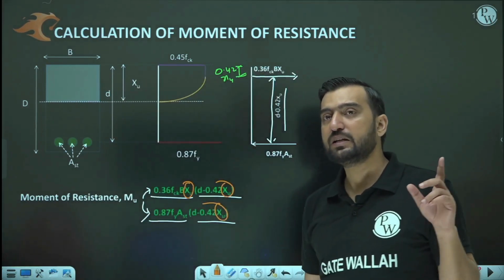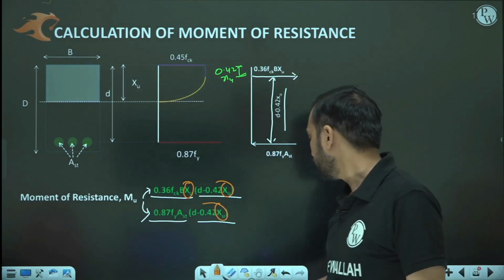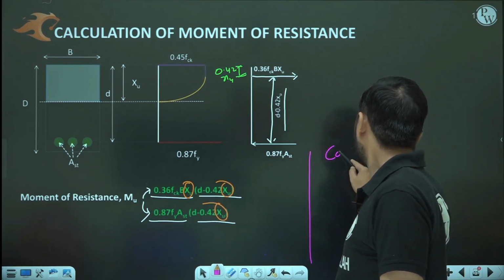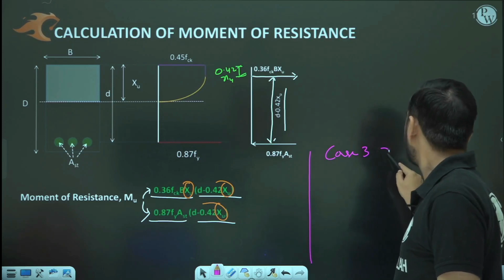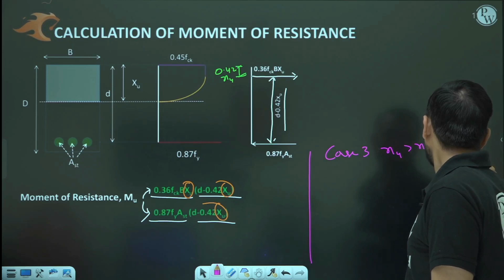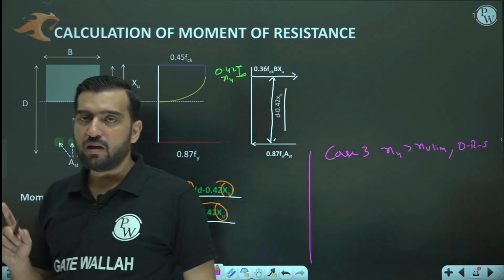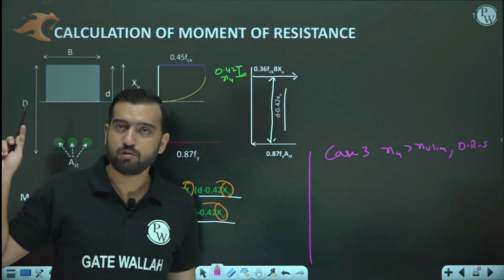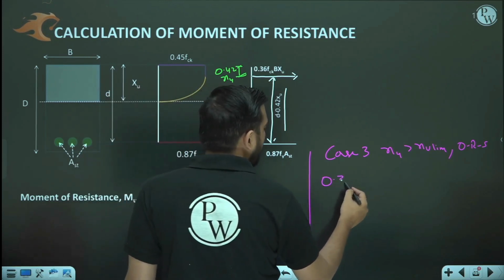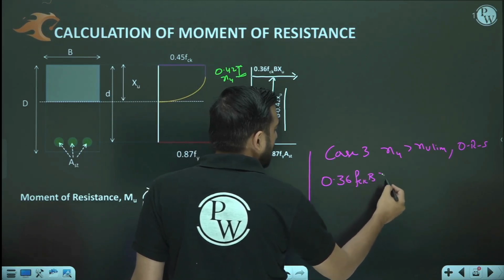But my dear friends, in case number 3, what was case number 3? Case 3, when XU is greater than XU limit, it is an over reinforced section. So while calculating moment of resistance, as you know, XU cannot exceed XU limit. So first thing is, you are going to replace XU with XU limit.